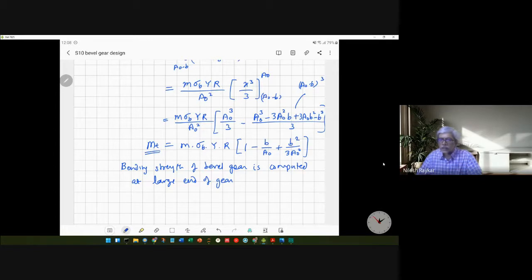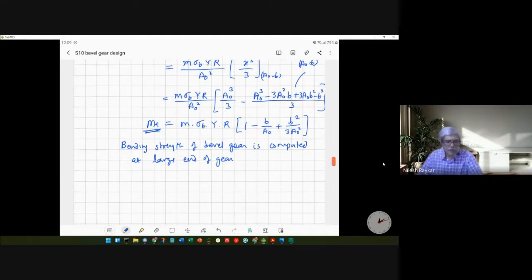So bending strength is nothing but the maximum force that the tooth can take. Now we have calculated the maximum torque which the tooth can take. So the force can be calculated then at any of the locations of the tooth. So keeping in line with the other geometric dimensions which are defined at the large end, this force is also calculated at the large end.